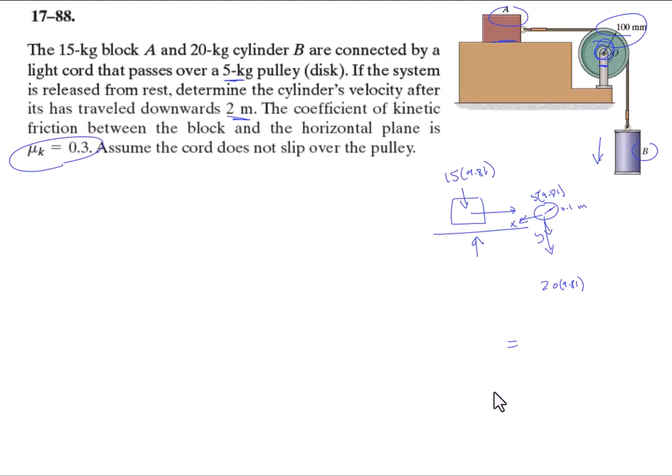This is equal to the kinetic diagram that has this block going with an acceleration of 15a.